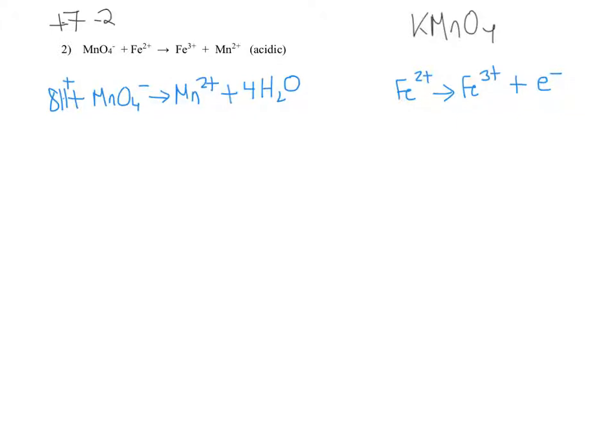We have 8 H+, so that's a total of +8 because each H+ is +1, and there's 8 of them. This one's a -1 for a total of +7 here. On the product side, this is a +2. This is neutral for a total of +2. So I add my electrons to the more positive side, so that would be to the +7. And so I would need 5 electrons on this side.